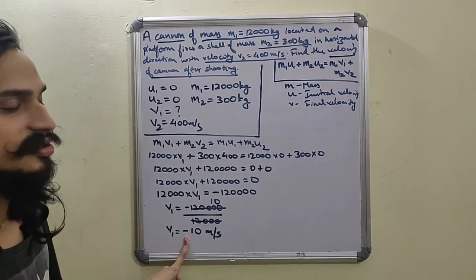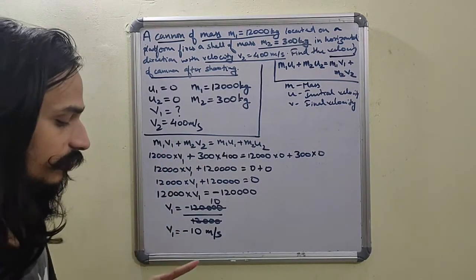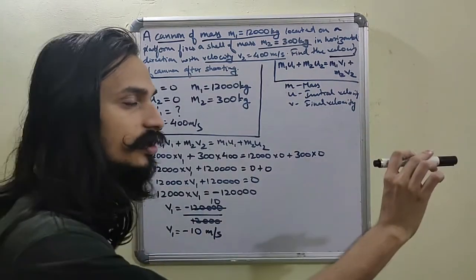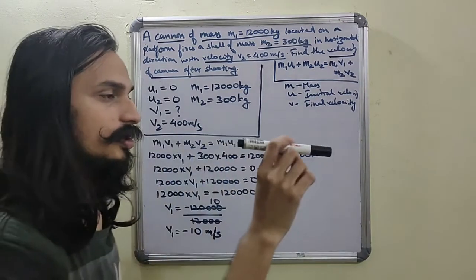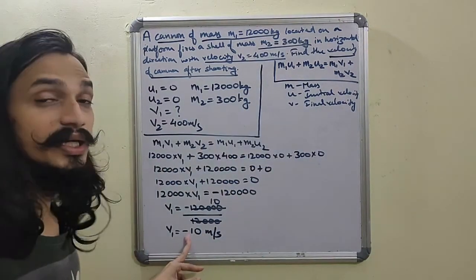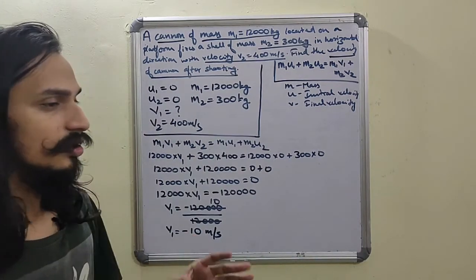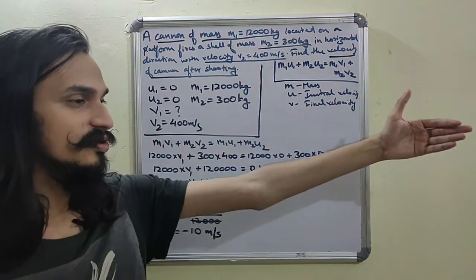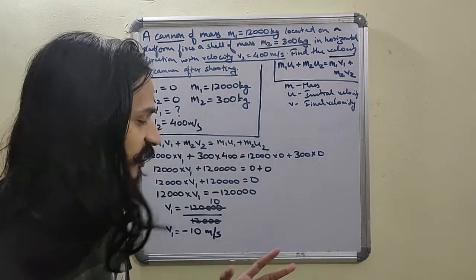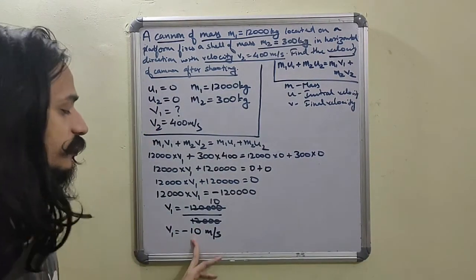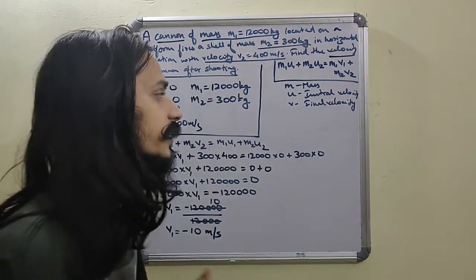What that minus tells us is that it's in the opposite direction of this velocity, meaning if the shell fires forward, the cannon pushes backward. That is why the minus is coming. So if the bullet is flying with 400 meters per second forward, the cannon flies back with 10 meters per second, because it is minus. As simple as that.